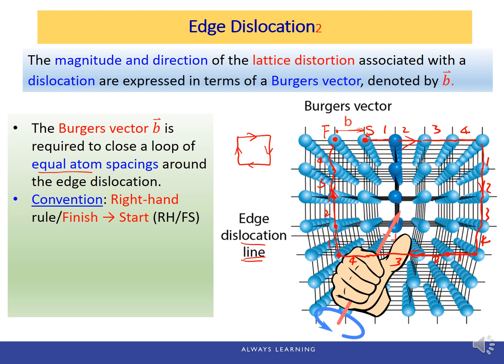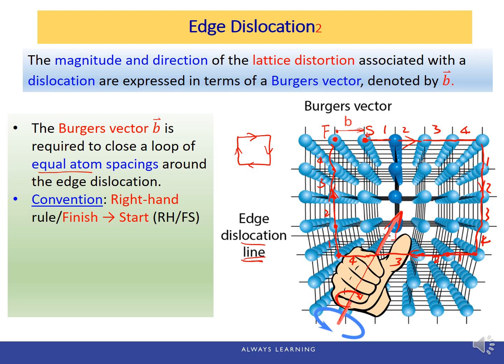Since this edge dislocation line is going into the plane, we use your right hand to grip this direction, with your thumb pointing in the direction of the dislocation line, and the direction of your 4 fingers curls in the direction of this loop.